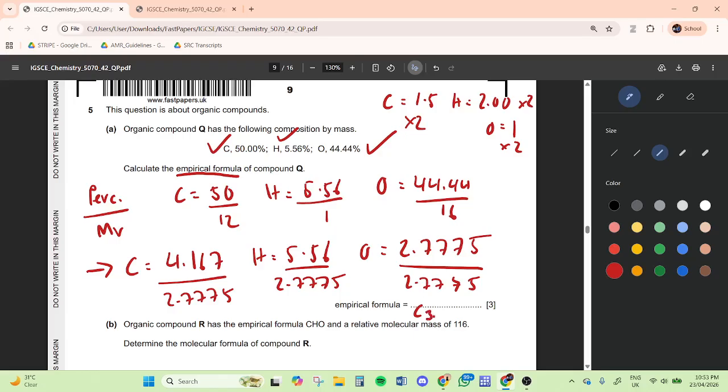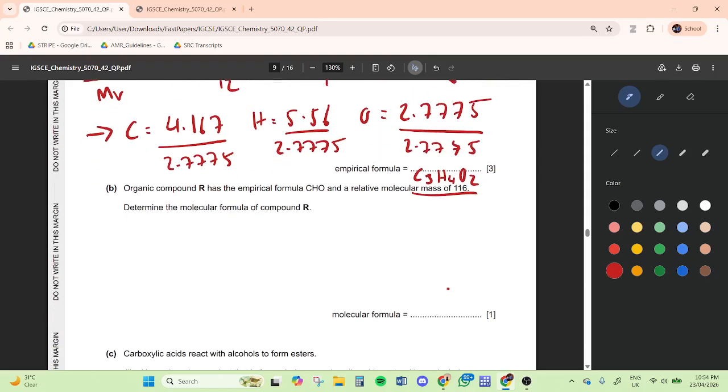C3H4O2. All right? So organic compound R has the empirical formula CHO and a relative molecular mass of 160. So if you want to figure out the molecular formula, you're going to take the Mr of the empirical formula.